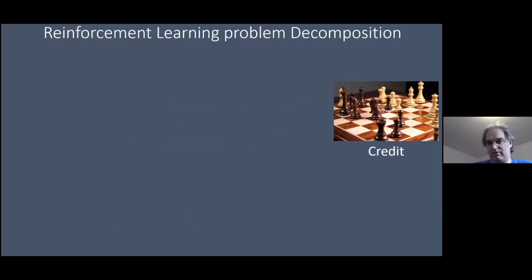So there's a set of three which I think about. One of these is credit assignment. So this is essentially which move lost the game or which move won the game. So it's often not clear exactly which action in a long sequence led to you winning the game.